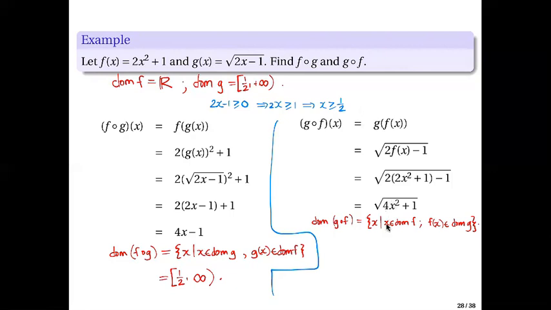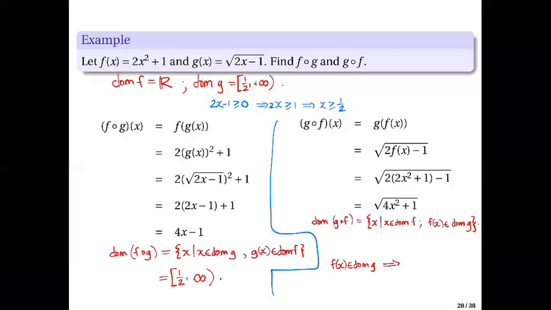Question? Now, domain of F, again, it's the set of real numbers. So you start with that. You can get any real number because that's the domain of F. But you need your f of x to be in the domain of G.